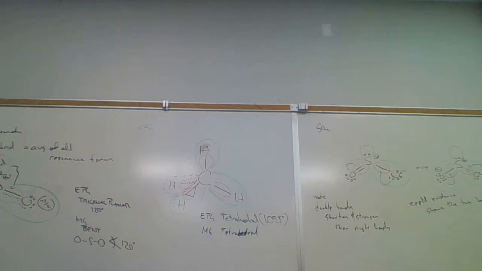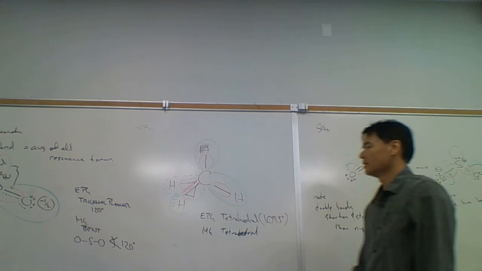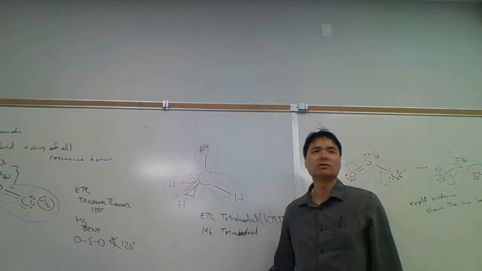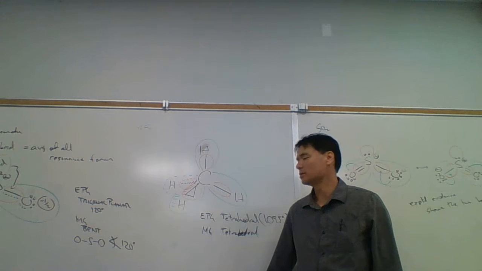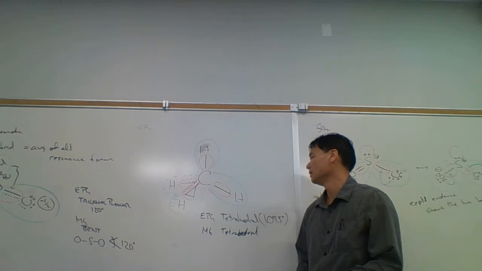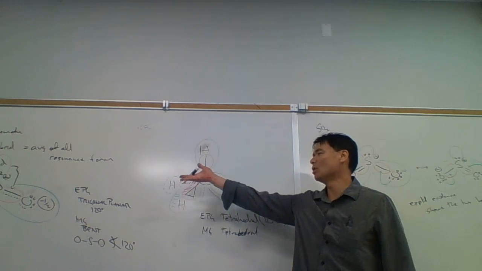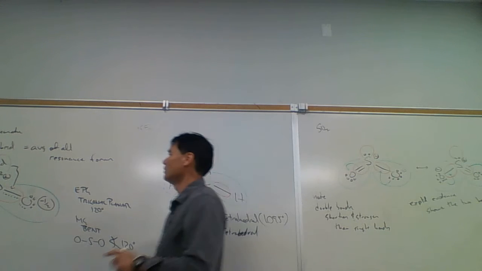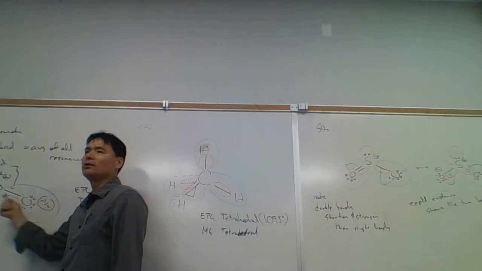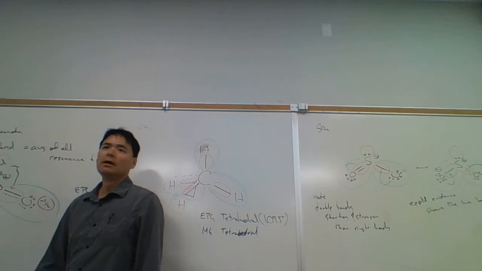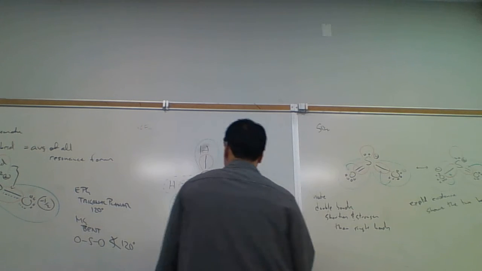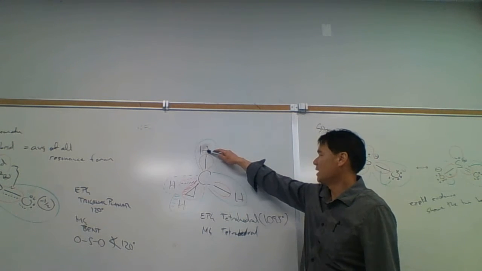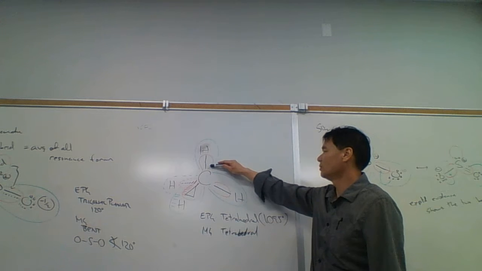It does matter the order, so sometimes what we'll do is we'll label it. You know, oxygen 1, oxygen 2, that kind of thing. I'll show you. But in this case, there's only one angle. The OSO angle is going to be 120. Over here, there are multiple angles. You know, we have this H, this C, this H. It's 109.5.